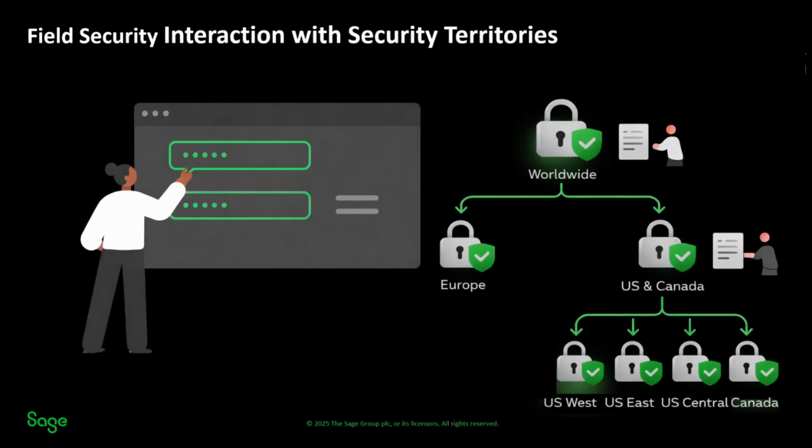So if we think about security territories, this is where we are identifying the rights that we have over the particular rows within the system. So territories control which records are visible, but field security controls, for those individual records that you might have access to, which fields you can see. So it's down at that granular field level.